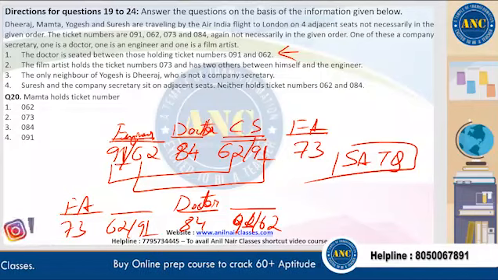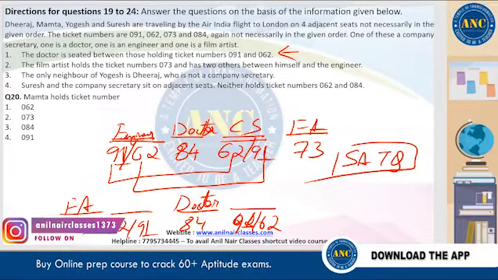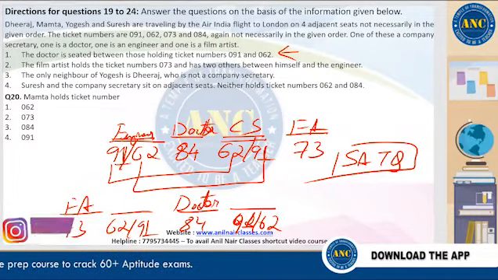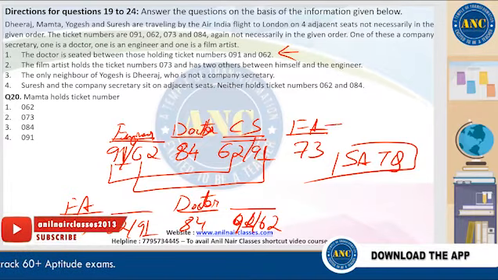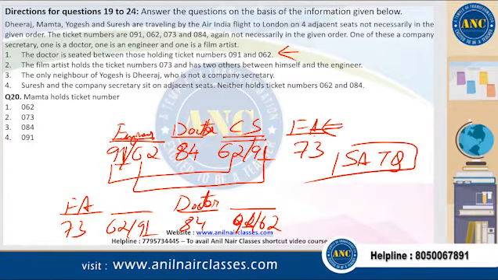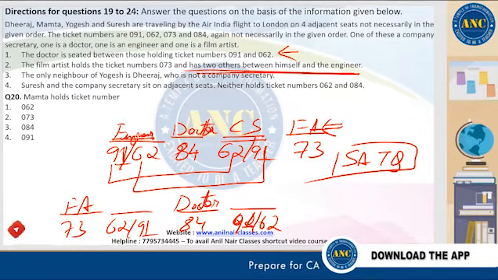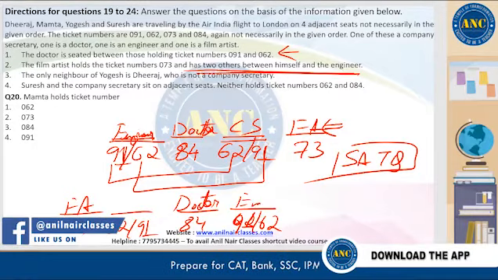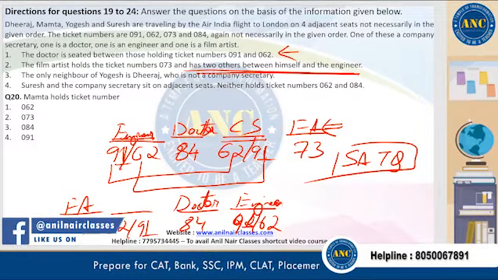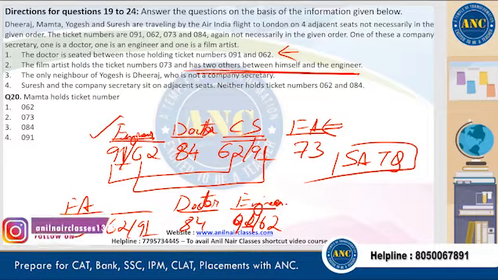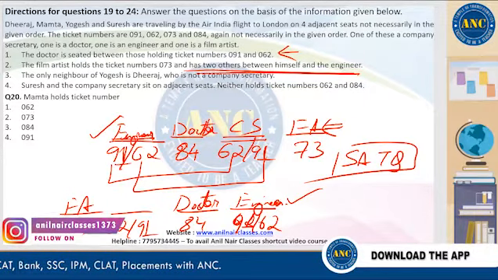That means this has to be the company secretary. That's straightforward, right? So the engineer should be at the end, either at this end or at this end. It's a pretty simple thing for us.